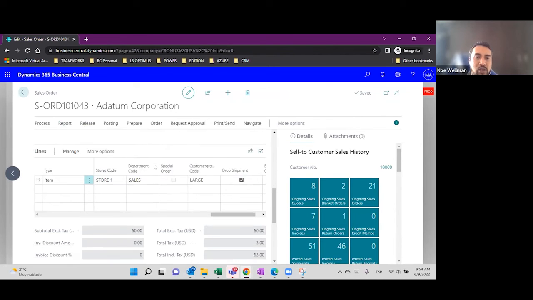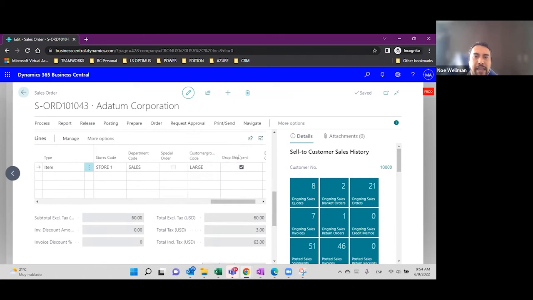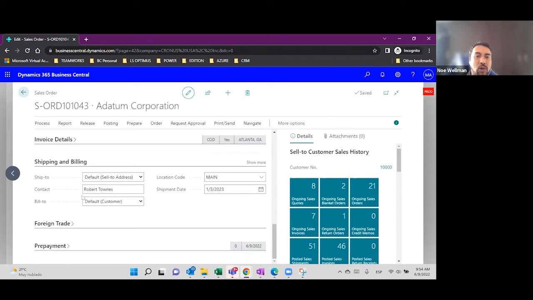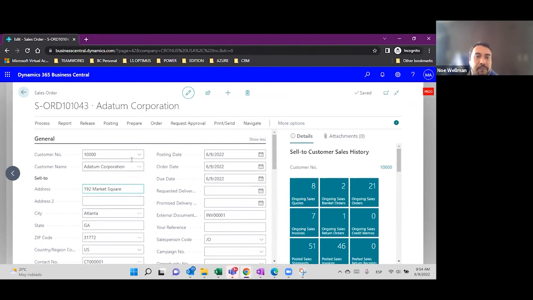For this to happen, you just mark the line with this check, drop shipment, and look at this: you need to indicate to which address we are going to send this from our own purchase. Here the Datum Corporation has 192 Market Square, meaning that this shipment from the purchase will go immediately to this address, okay?